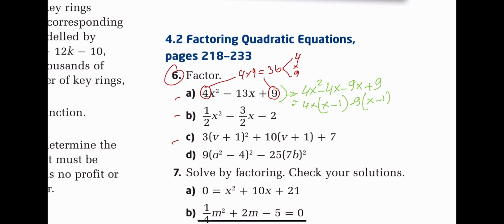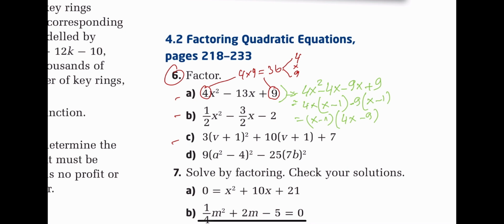If you distribute this, 4x times this, you will find exactly the above one. My equation now will be like this. I will factorize again by x minus 1, so I will have (x minus 1) times (4x minus 9).